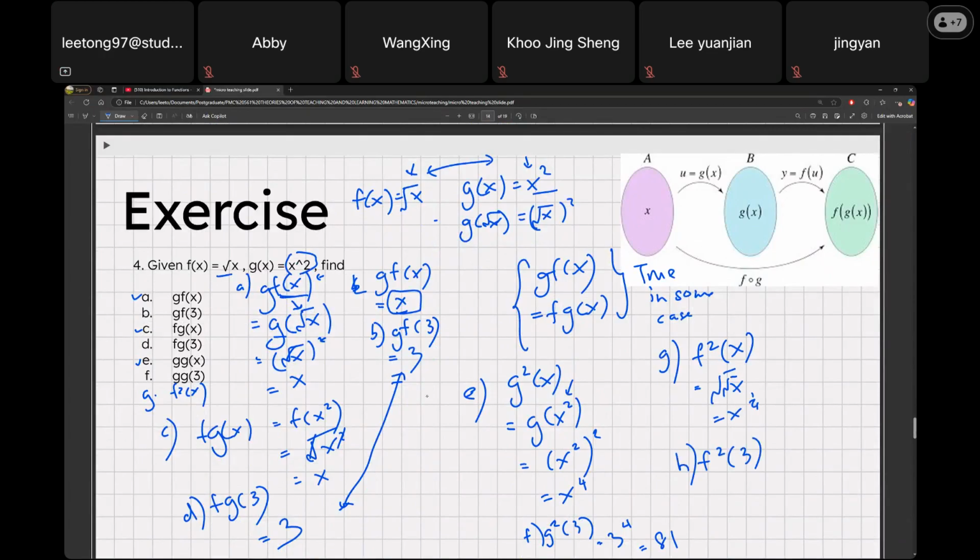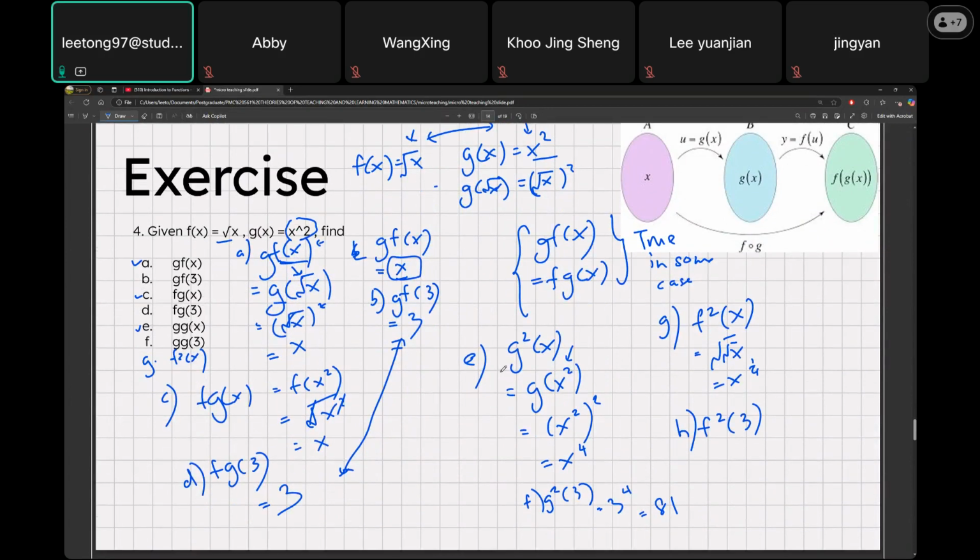Okay, we put 3 into this composite function. Is equal to 3 power of 1 over 4. So you can leave your answer here. Or you write it as 1, 1, 3, 1, 6. Okay, they are the same.